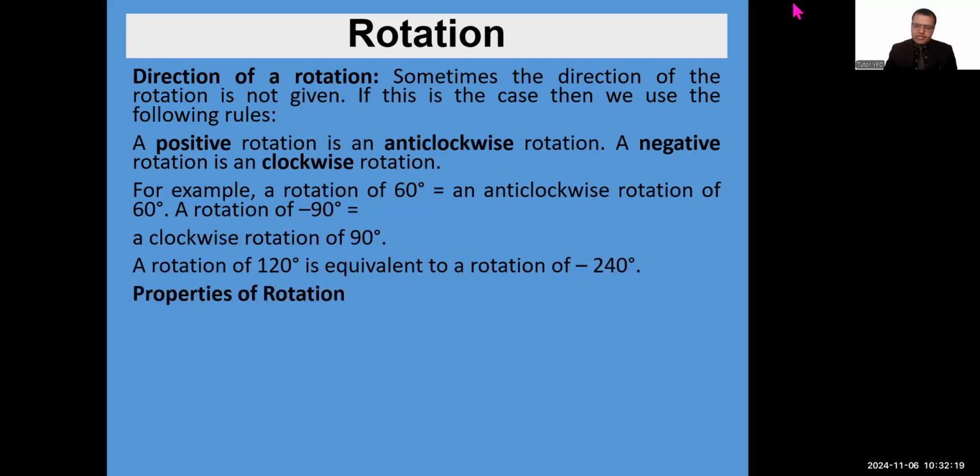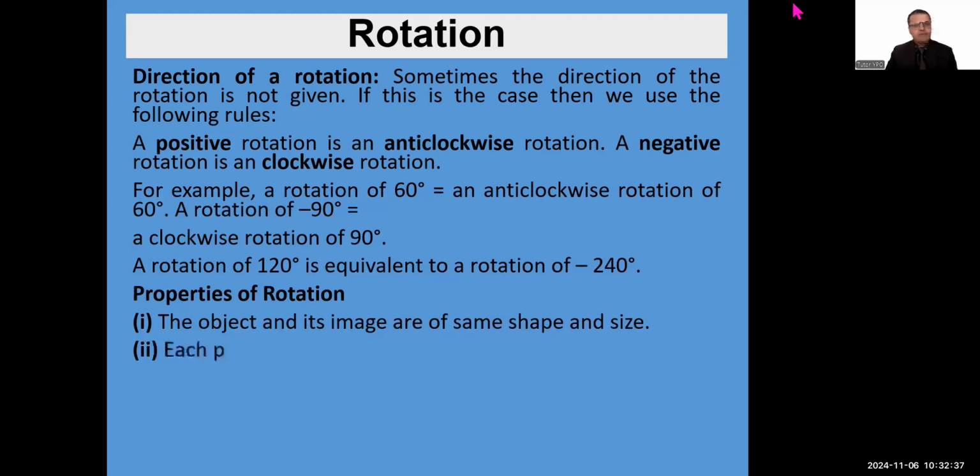Properties of a rotation. The object and its image are of same shape and same size. Object and image are congruent. Only their positions are different. Their shapes and sizes are not changed.